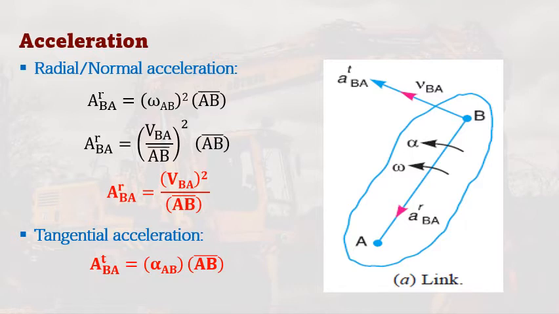The direction of the tangential component is the same as the direction of alpha. Wherever alpha points is also the direction of the tangential component of the acceleration. That is how we define the radial as well as the tangential component of the acceleration.